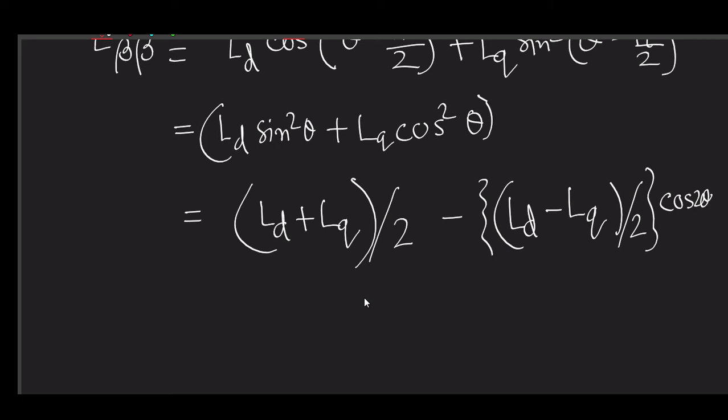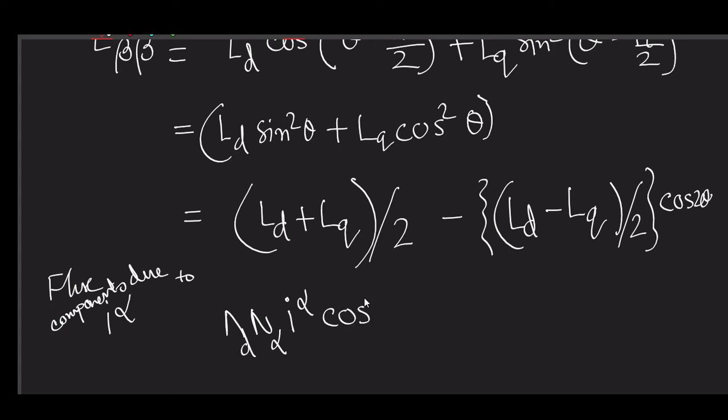Now in the component along your D and Q axis, the main flux component due to I alpha is lambda D n alpha I alpha cosine theta, and lambda Q n alpha I alpha sine theta.